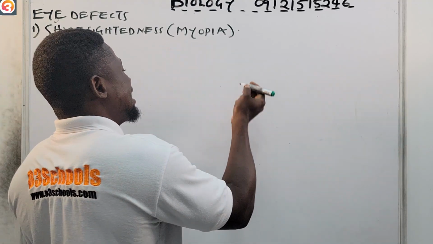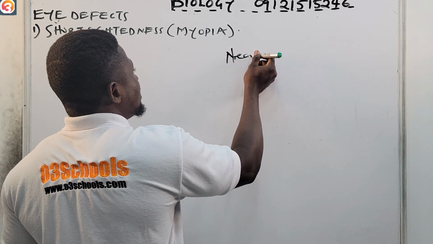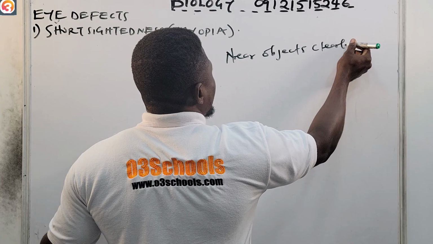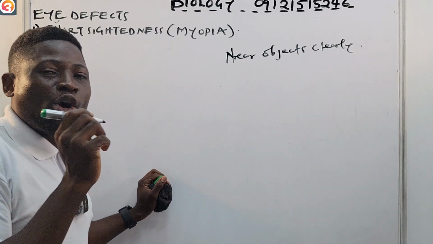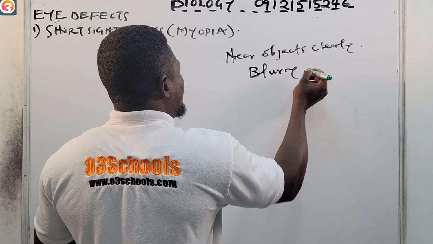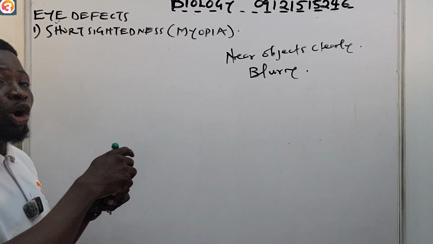Short-sightedness is an eye defect in which you can see close, near objects clearly, but far or distant objects become blurry. That is myopia.